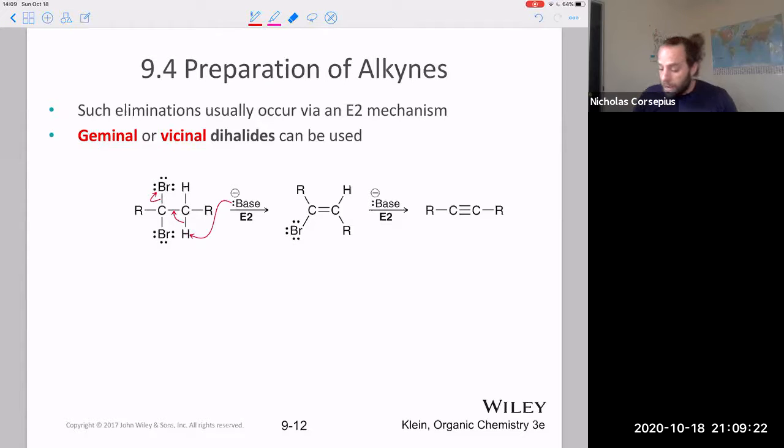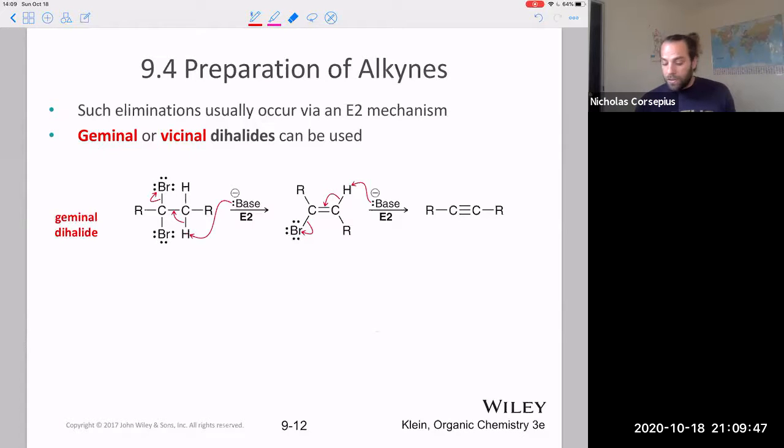So now we have an alkene, but we also have this halogen still remaining, right? Because it was a dihalide. And so we can just repeat the process again. Our strong base is again going to grab that hydrogen. It's going to come down and now form a new pi bond. This will be our triple bond, at the same time that bromide gets kicked off.